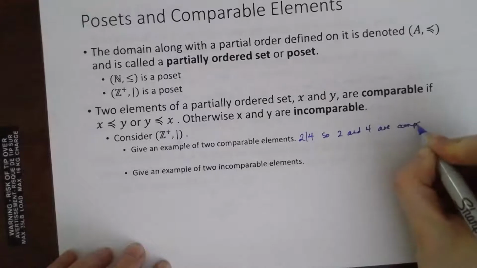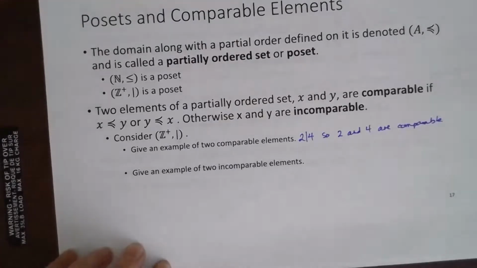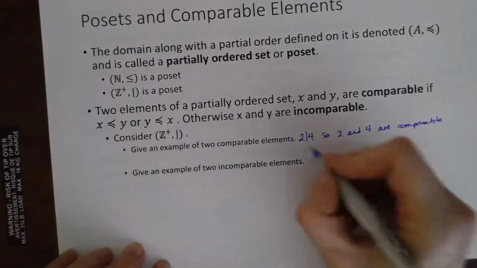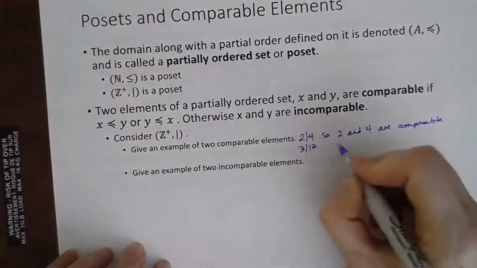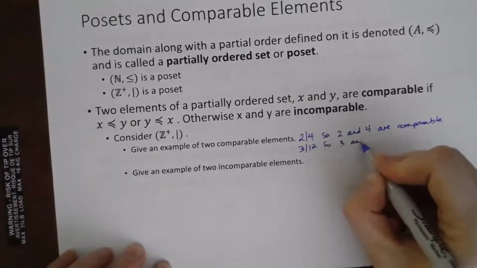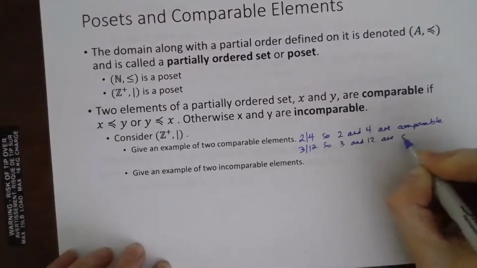Give me just one more. There's an infinite number. 3 divides 12. 3 divides 12 perfectly. So 3 and 12 are comparable.